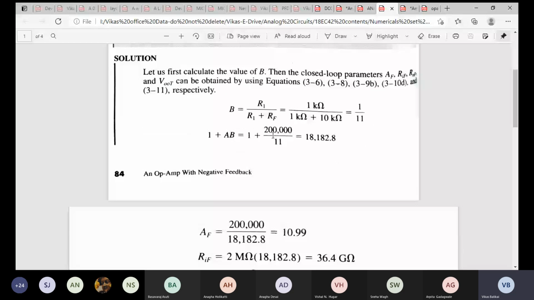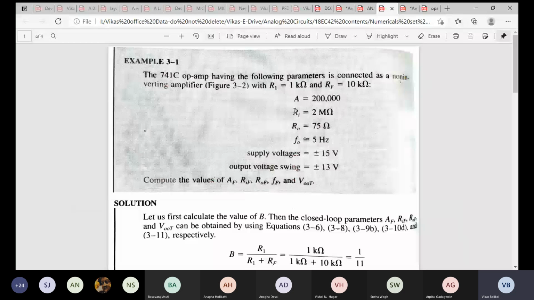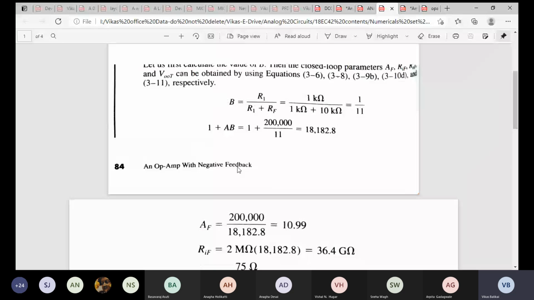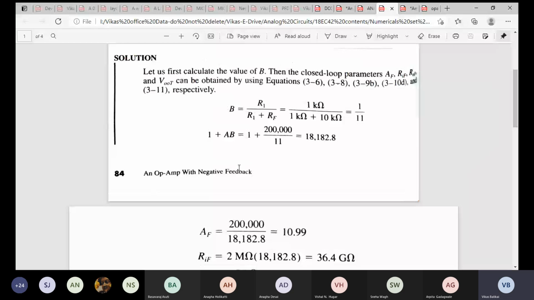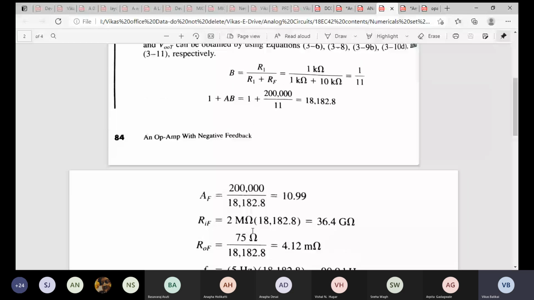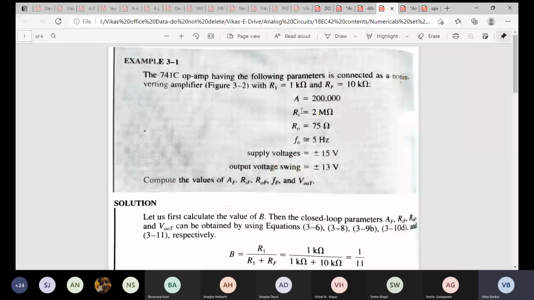What he has told, first thing is to calculate AF. Now, what is the equation of AF I should use? If you look over here at what he has used, he has not told you to calculate using an exact equation, an ideal equation, or a general equation. You are free to use any equation.